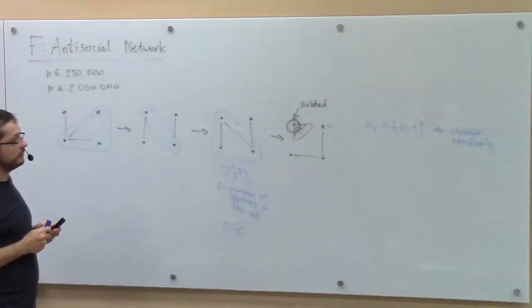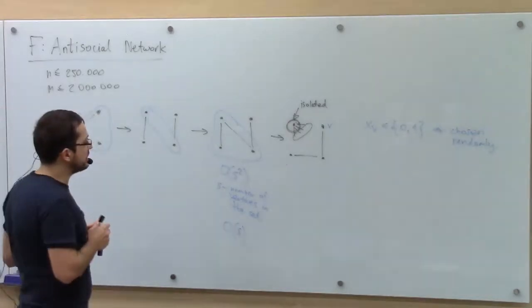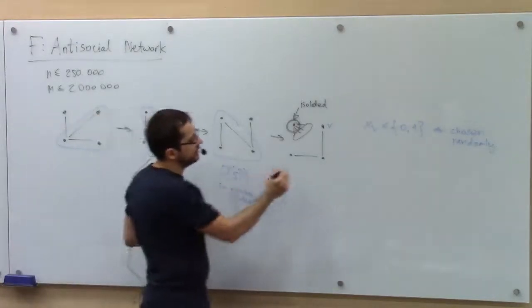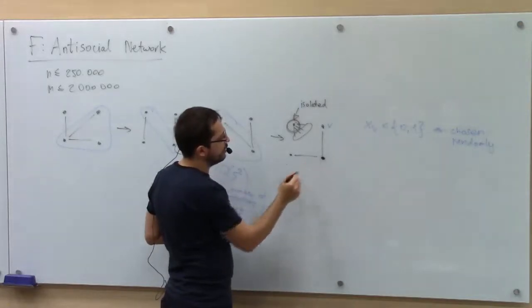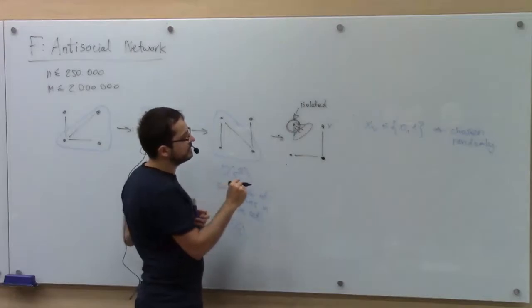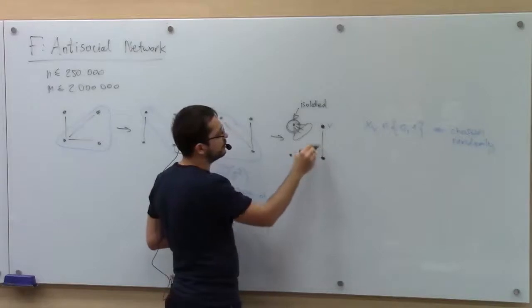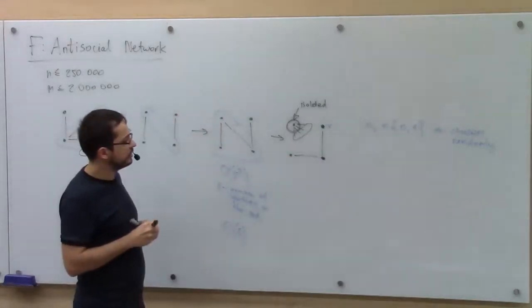Okay, so let's look at the vertex in the final graph. For this vertex, we can look at the sum of values which were assigned to the vertices which are connected by the edges.